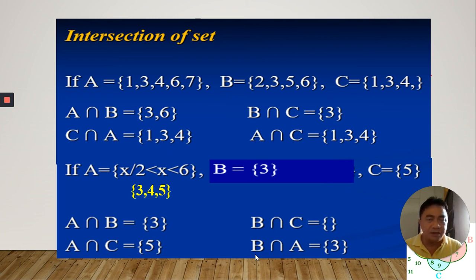Do not repeat the number again. If it is 2 and 2, you will not say 2, 2, just only one time, 2. For intersection also, you will just choose only the common elements. You will check one by one the elements of the two sets, then whichever is in common will be the intersection between the two sets.